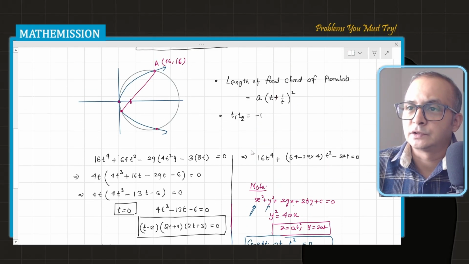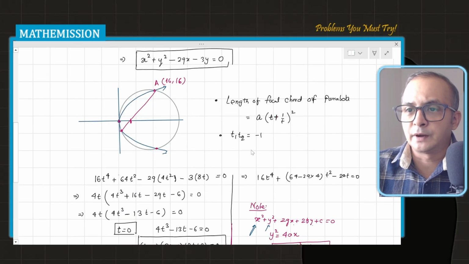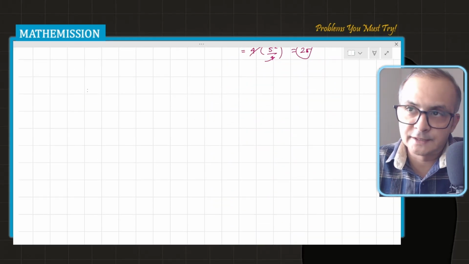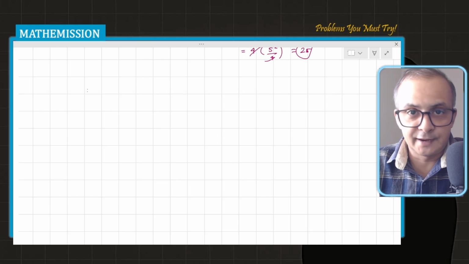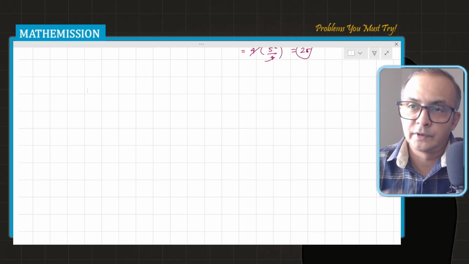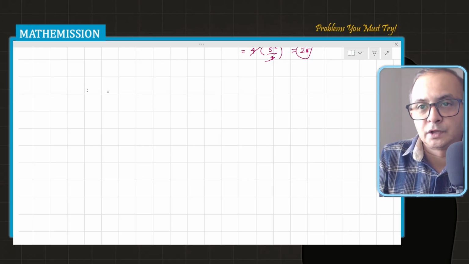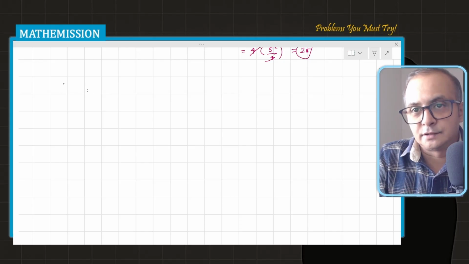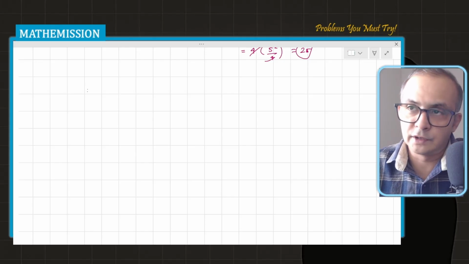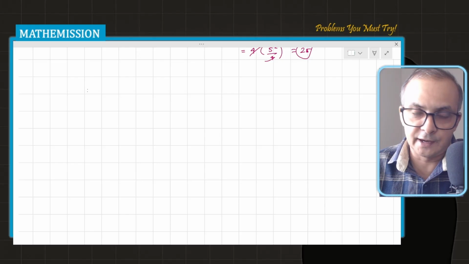All right. So this is one method, but can we do better? Means can we think smartly by using the properties of the parabola and the circle and find the answer? Let's try to do it. So this is the second method, in which we are not going to include any algebraic calculation.